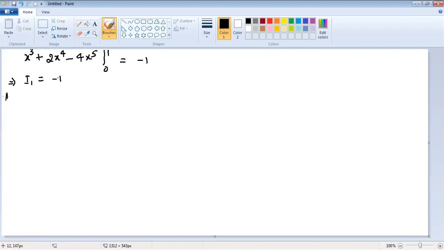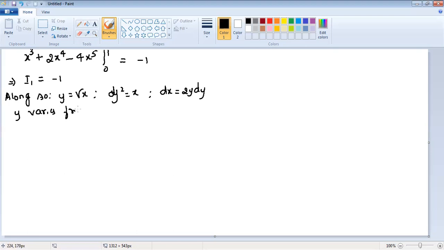Now along the upper curve, our curve is y is equal to root x, then y square is equal to x. So dx is equal to 2y dy, and here y varies from 1 to 0.